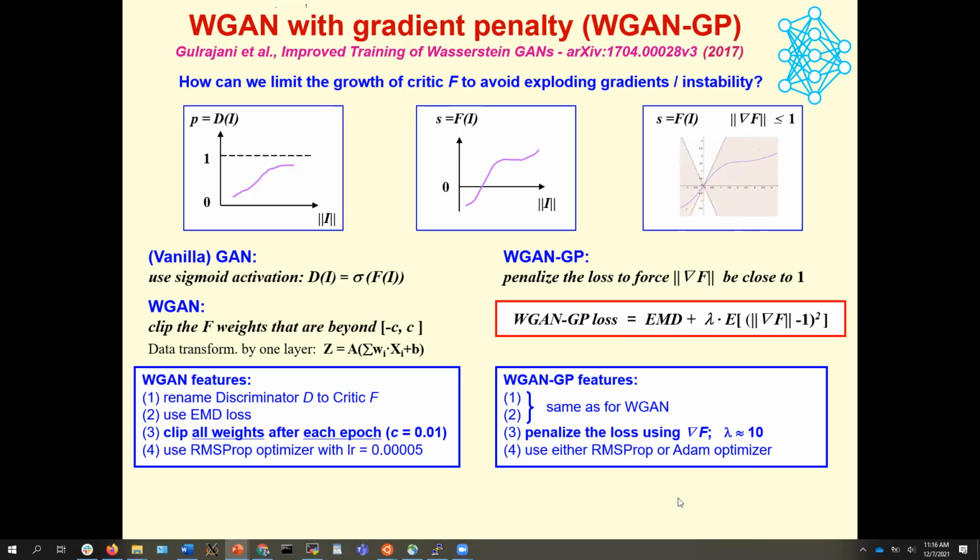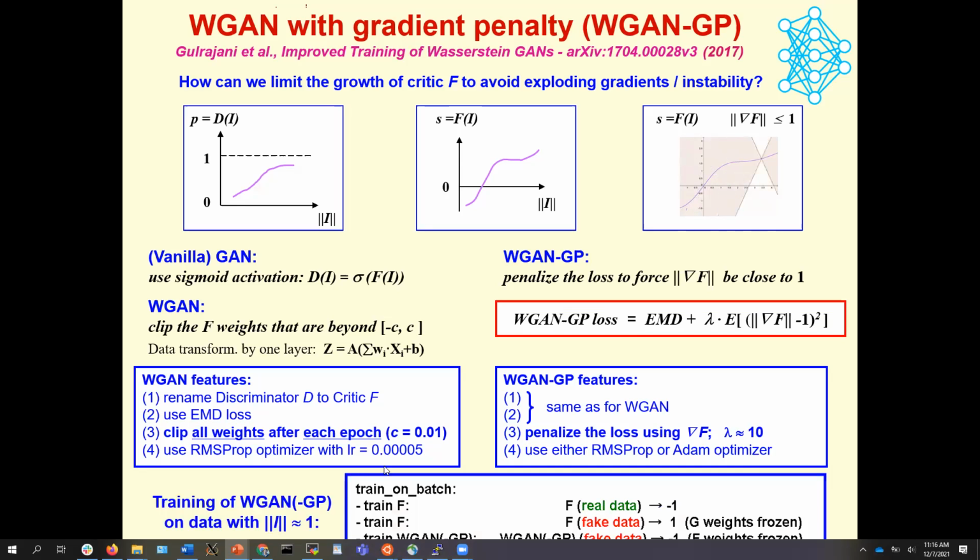And finally, the training procedure for the Wasserstein GAN or Wasserstein GAN with gradient penalty will look like this. We train the critic on real data, this time with output -1.